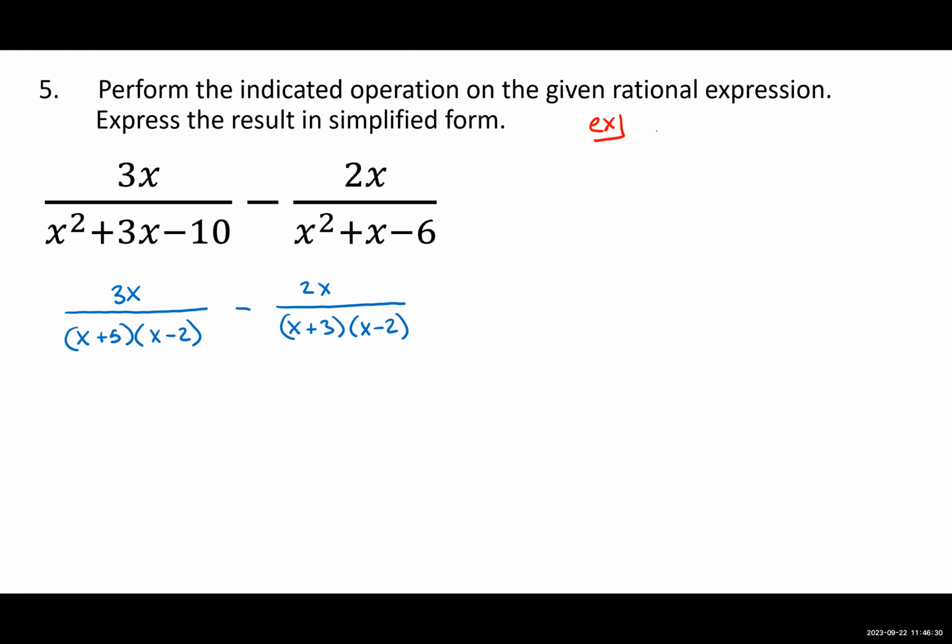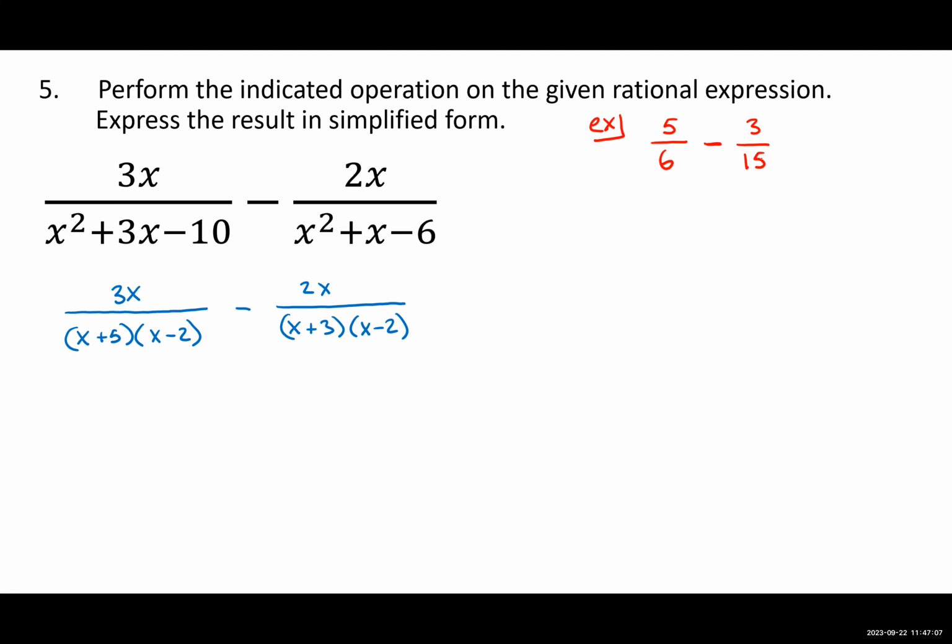So let's say we want to do 5 over 6 minus 3 over 15. 5 over 6 minus 3 over 15. We're going to have to get a common denominator.